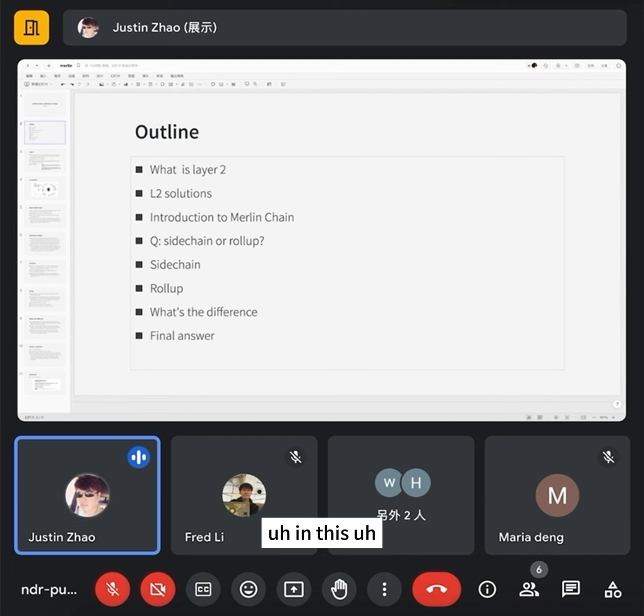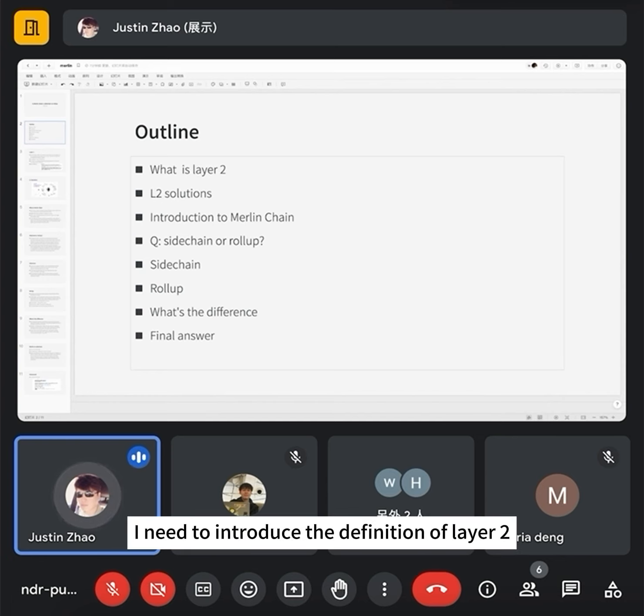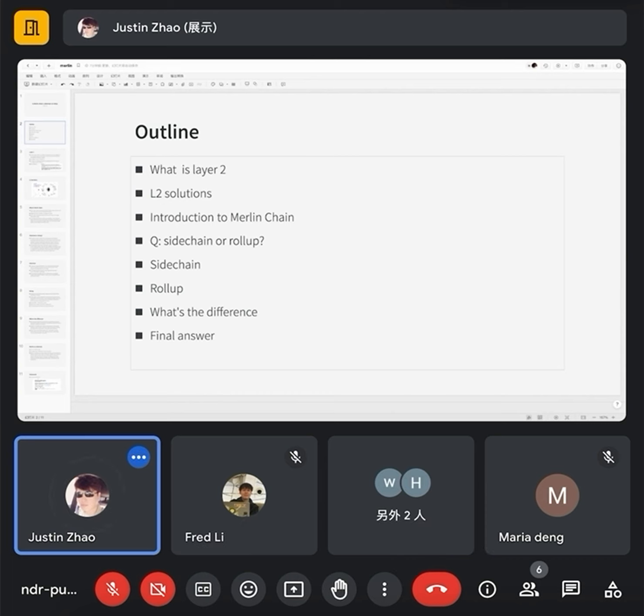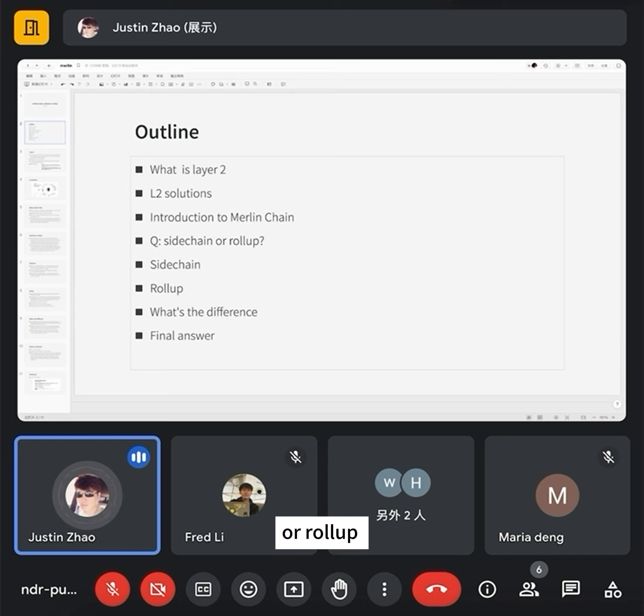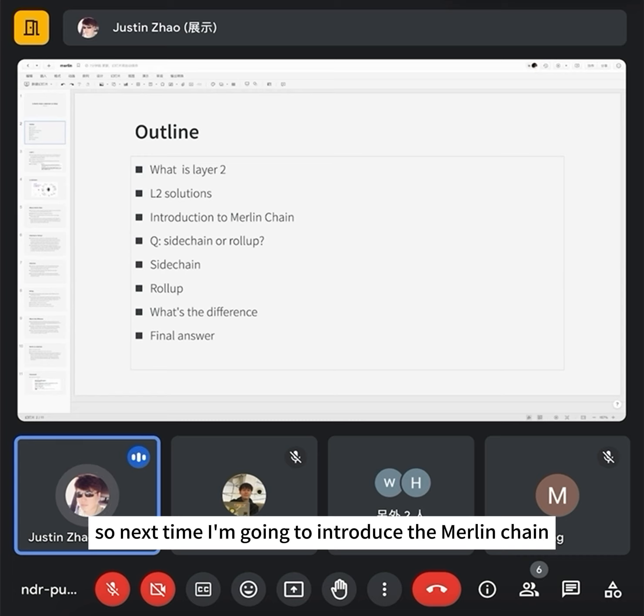First I need to introduce the definition of layer 2, and since it's a layer 2, there are several technical solutions, for example the sidechain, rollup, plasma, or validium. Next, I'm going to introduce the Merlin chain, the working flow, the process, and the basic rules.